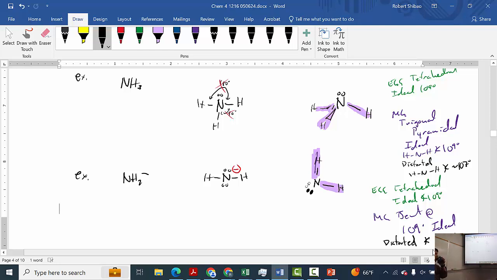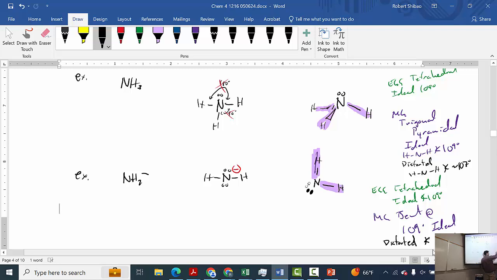When does the angle increase again? The angle increases here. The problem is we don't measure this angle. So the lone pair nitrogen hydrogen angle would increase. So this would be about 111. And the same thing here.